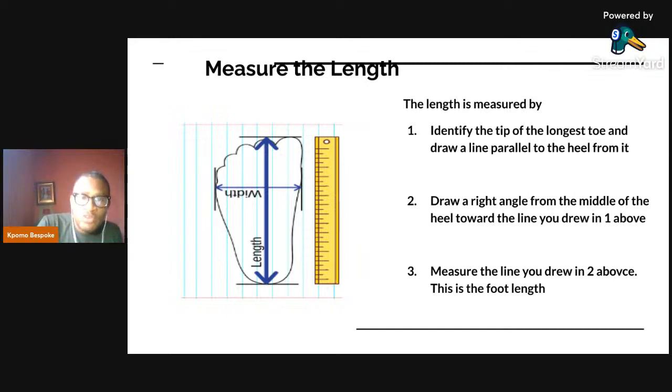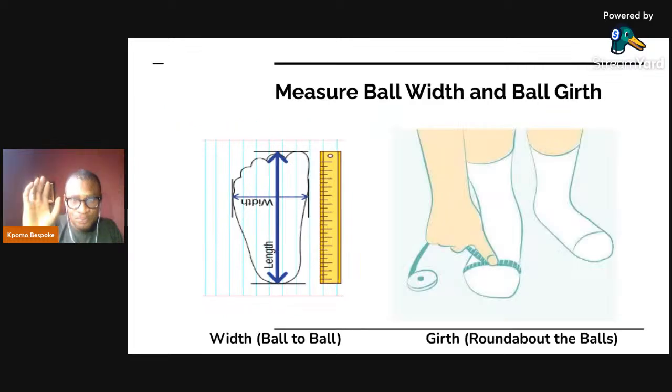So there are the balls on the inside and the balls on the outside. The outside part is usually called the lateral side, and the inside part is called the medial side. Many of you have heard me talk about this over and over again, so I will not belabor the point, and we will move along.